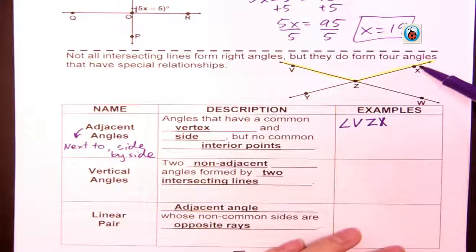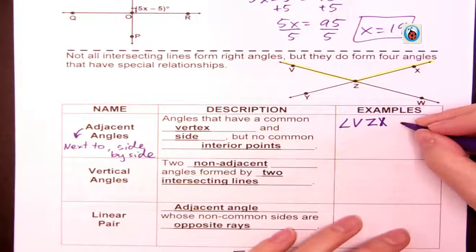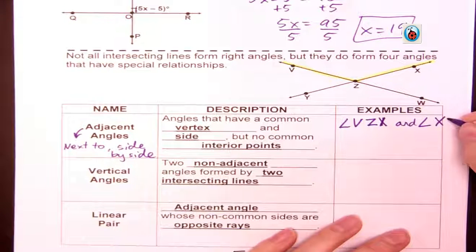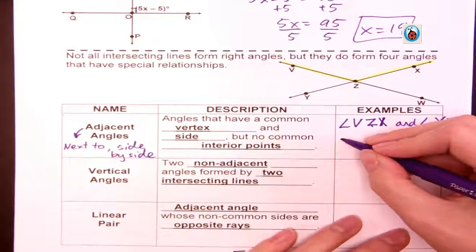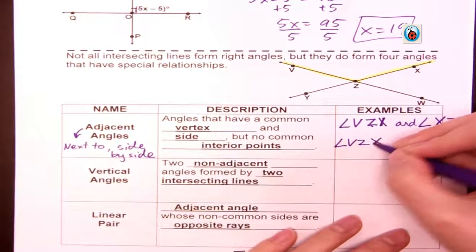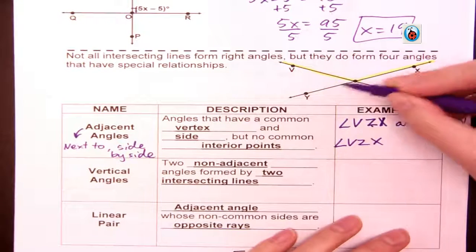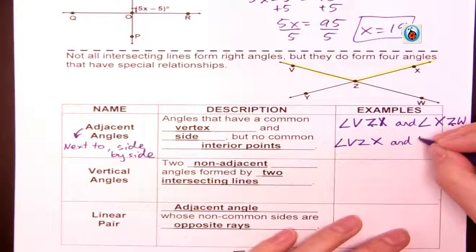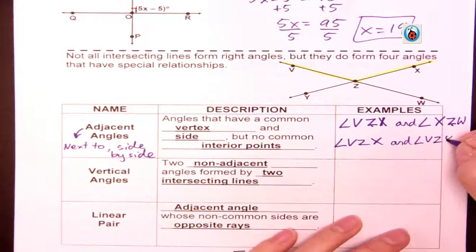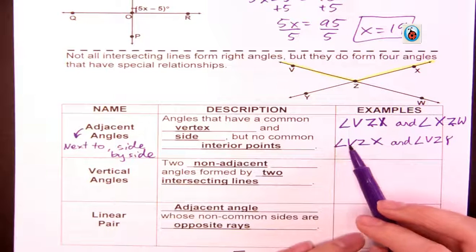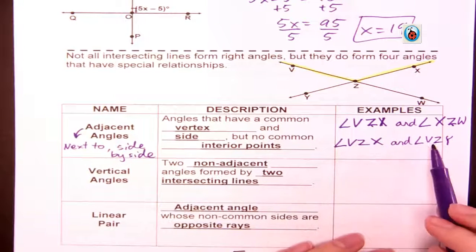So if you look here, we say, well, okay, XZ, so I can do XZW on this side, and I double check X and Z are in both of those, Z is the vertex. Or I could also say VZX and look at the other side and have VZY. So I can find my adjacent angles from the drawing, and I can also double check, did I get the common side and the same vertex.